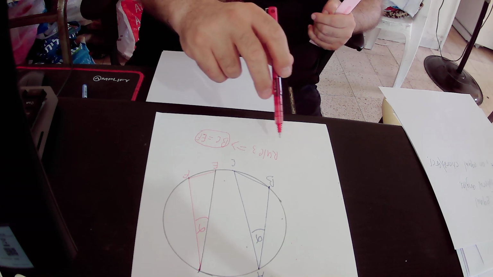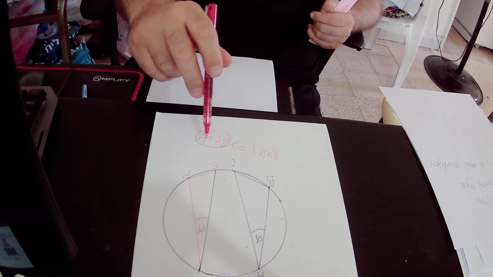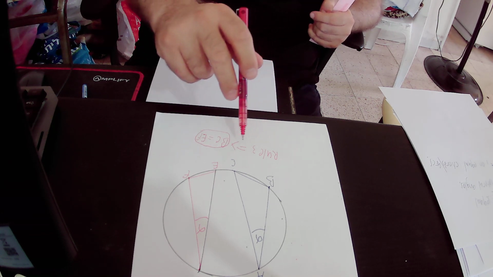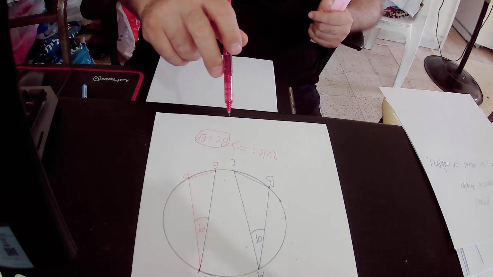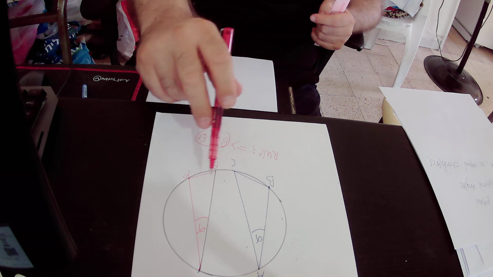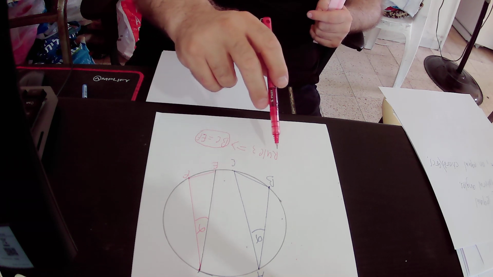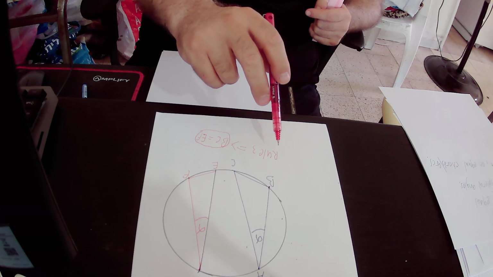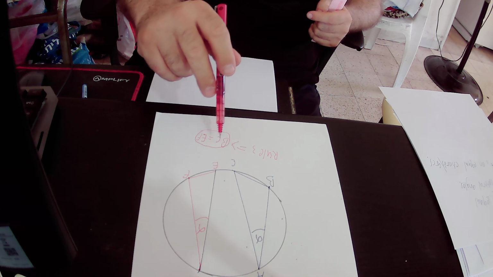That is to say, arc BC equals arc EF, or chord BC equals chord EF, because those two angles equal each other. They both equal alpha. For that reason, they both rest on equal chords. That is to say, chord BC equals chord EF.